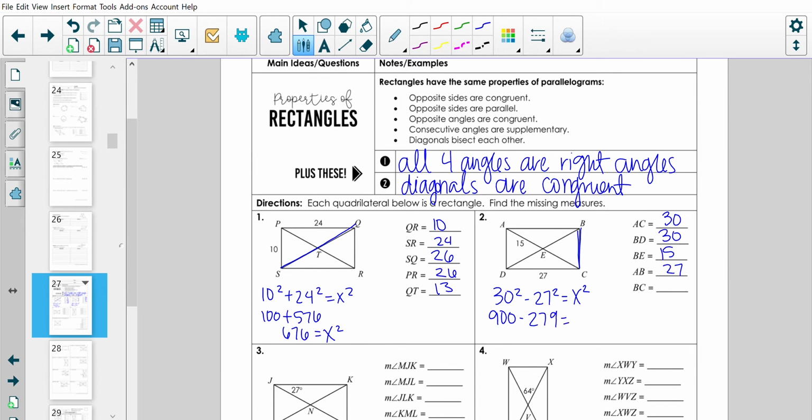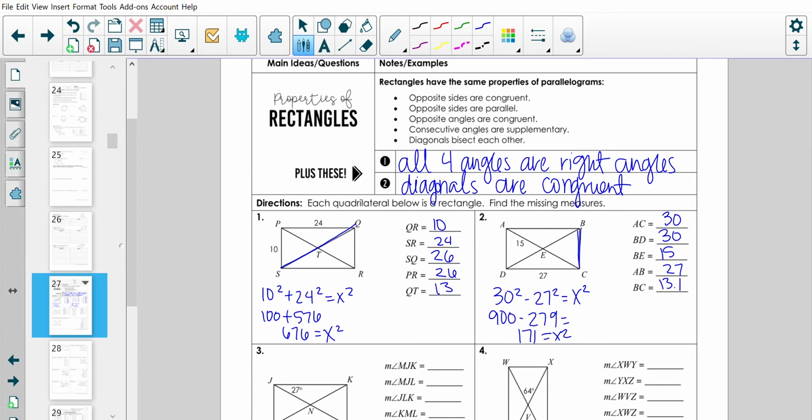What do you get when you subtract them? And the square root of that? I got 13. Good job. So we're going to go with 13.1.